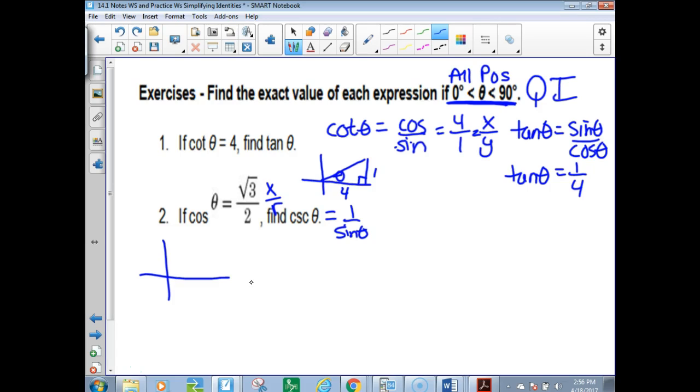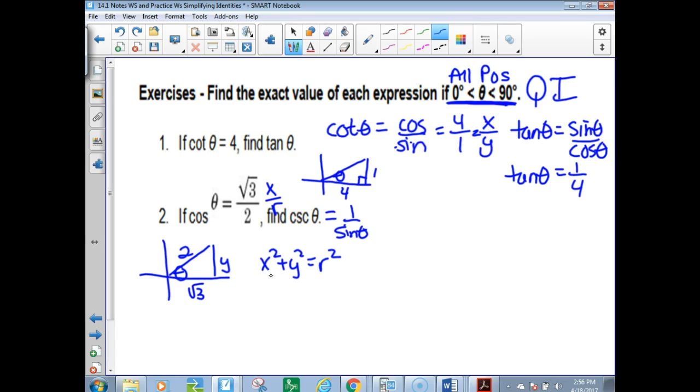I'm trying to refresh your memory of some things we did back at the beginning of the unit. So I'm going to draw it in quadrant 1 again. X is the square root of 3 then. R is the long side, 2 here. And then we wouldn't know what y is, and we could find it using that x squared plus y squared equals r squared. Remember that?